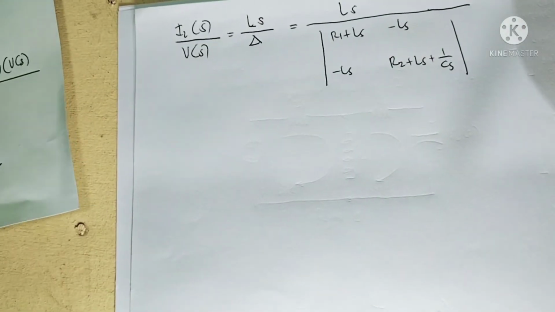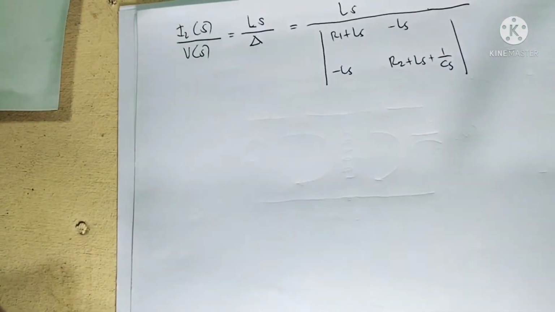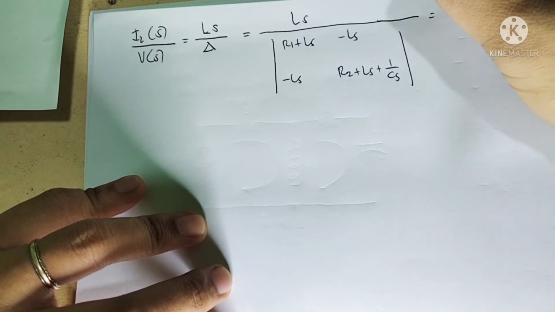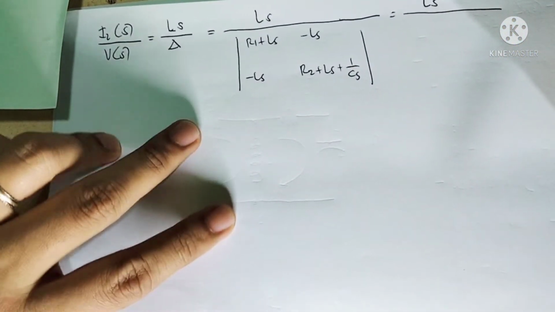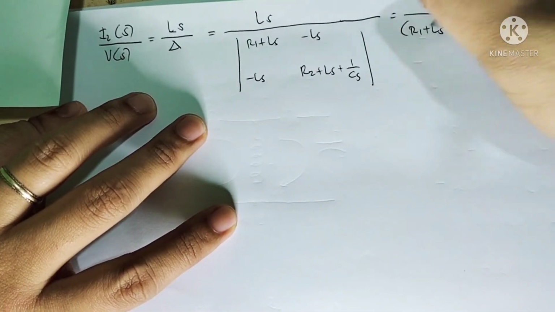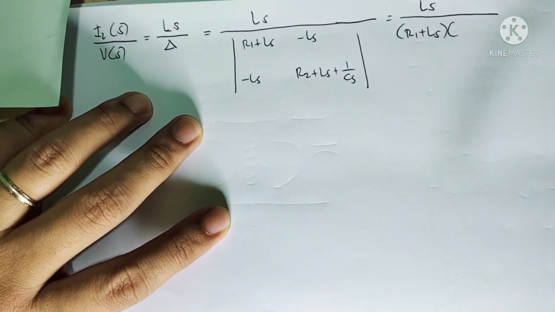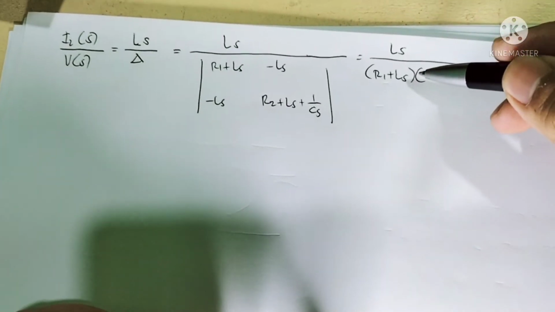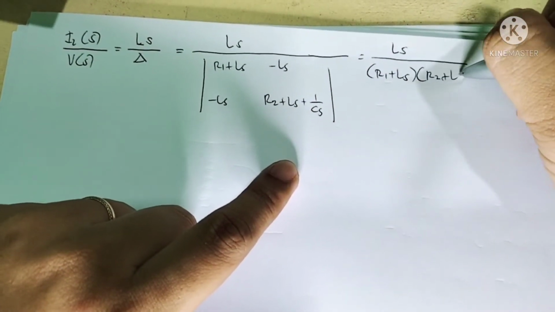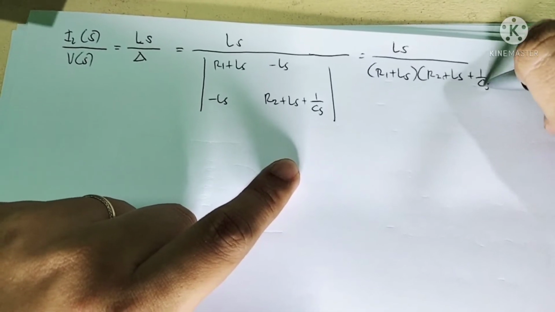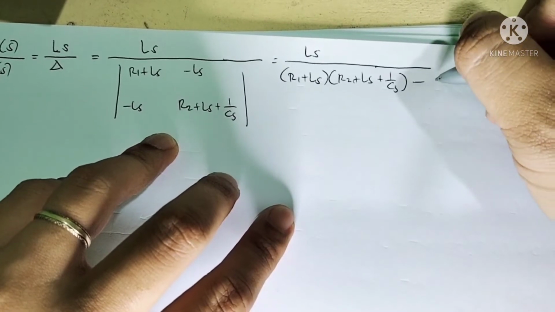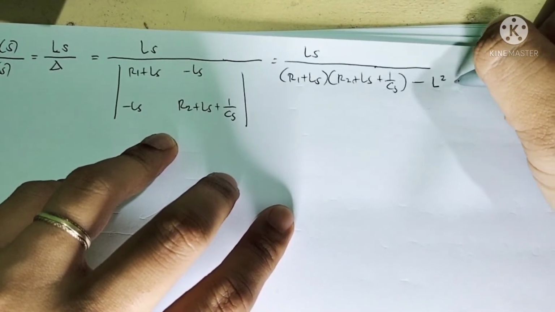So by Cramer's rule, this will be Ls divided by R1 plus Ls times R2 plus Ls plus 1 over Cs, minus L squared s squared.